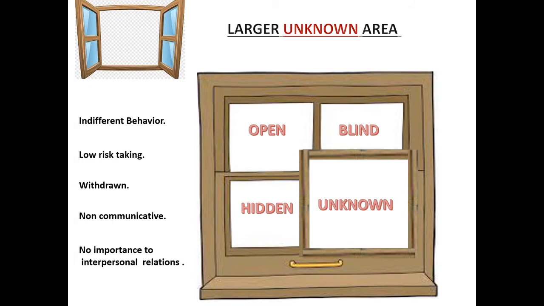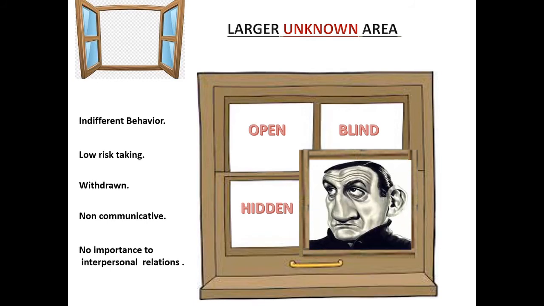He needs not to communicate nor have a relationship with somebody. He is withdrawn, low risk taking, indifferent behavior, non-communicative. As you may notice, these are all a not so good description of a person who has a larger unknown area. Now let's take a look at who he is. This is a person with a larger unknown area.